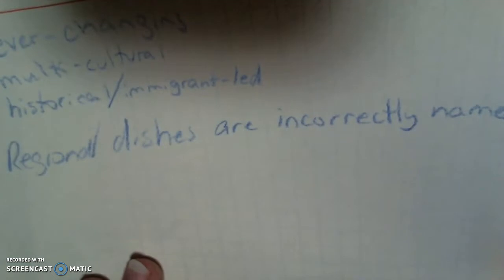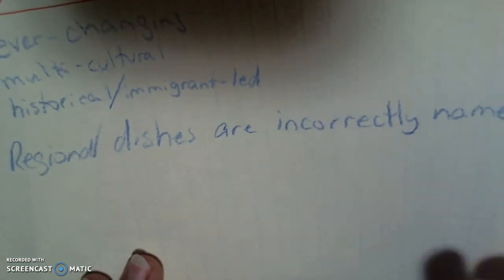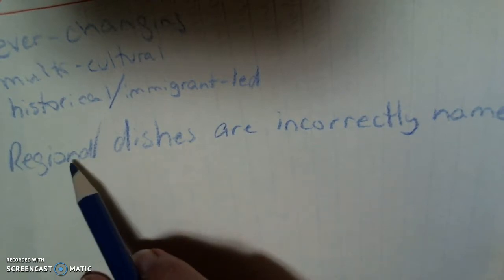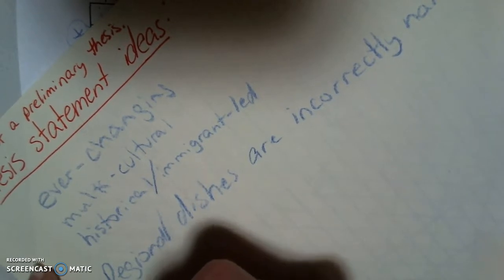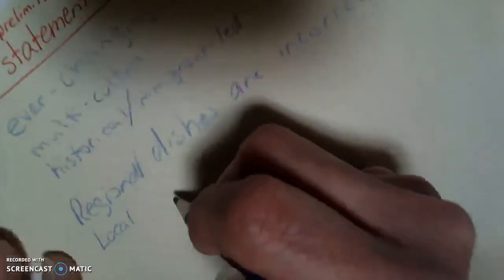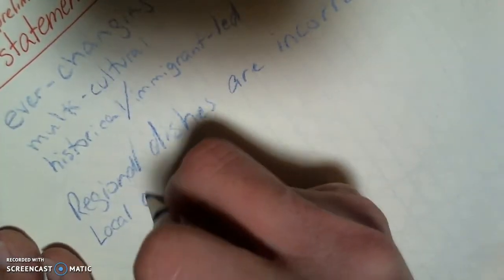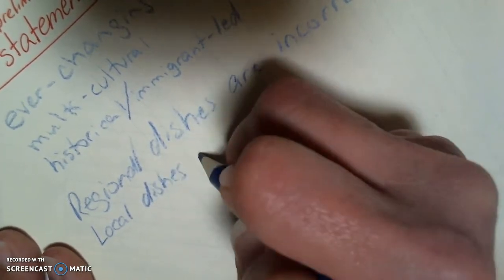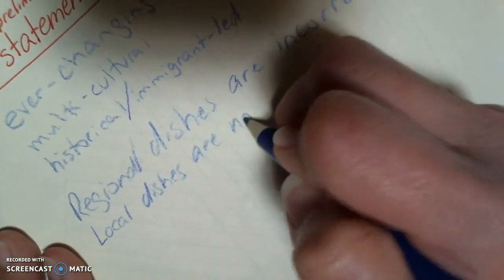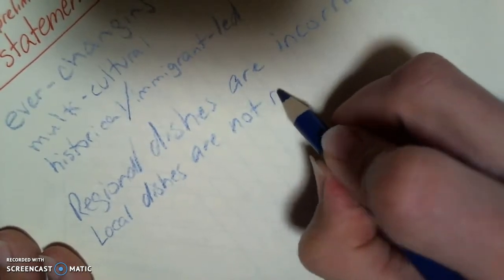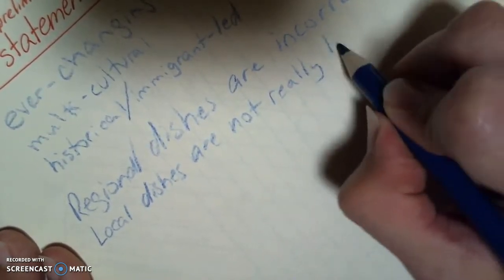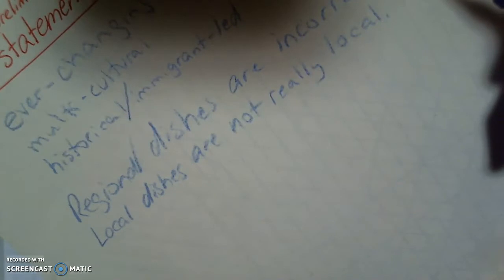Well, if they're coming from all over the country and even other countries, are they really regional? Similar to that, maybe I say something like local dishes are not really local. Again, my idea is just to get things onto paper that I might be able to use later.